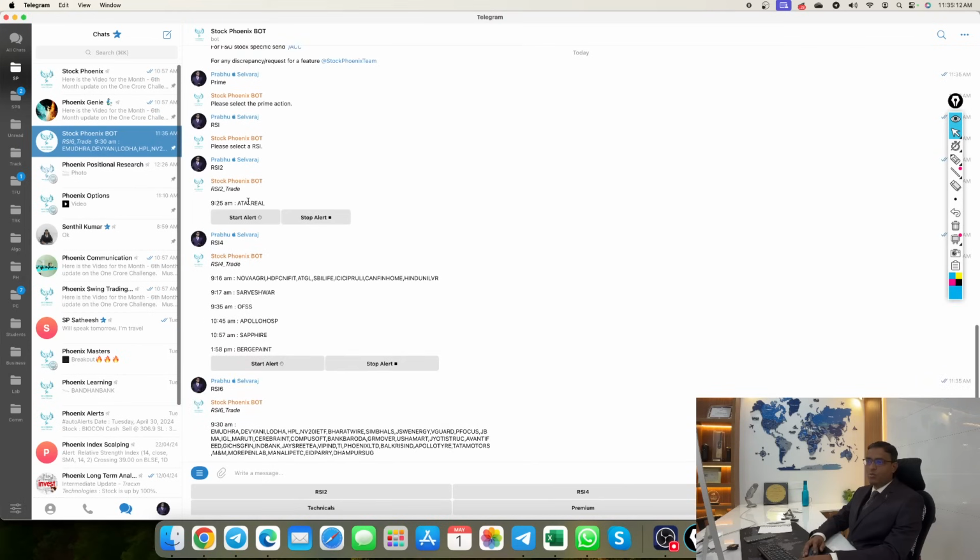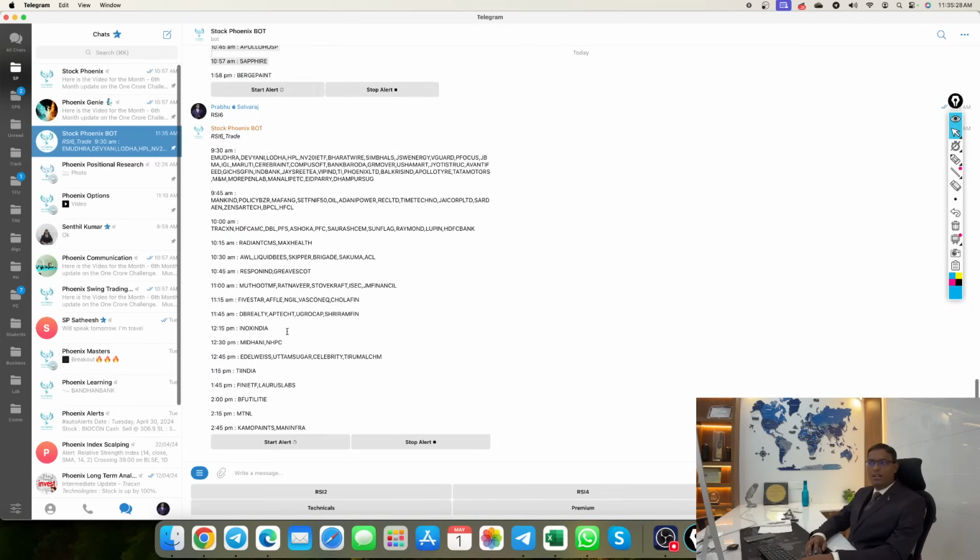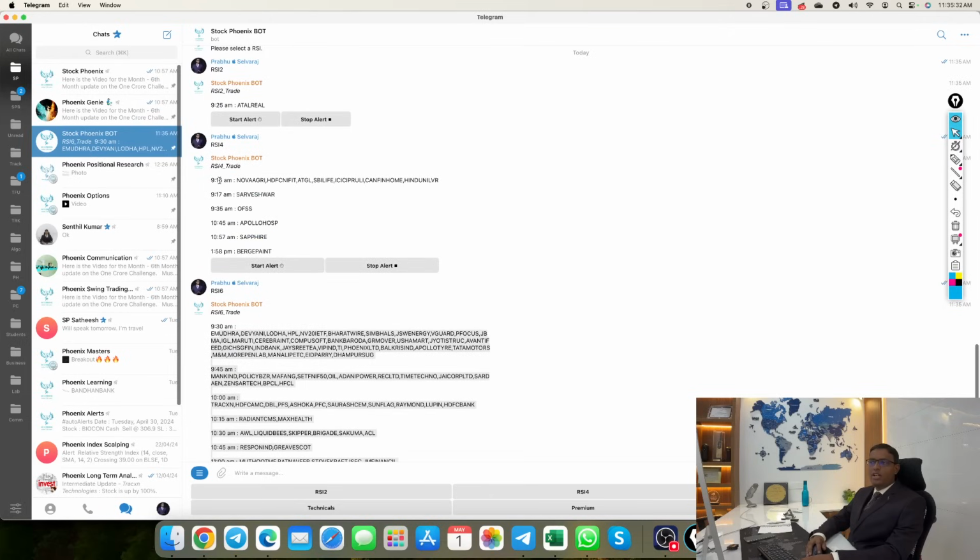RSI 20 scan is 1, RSI 40 scan in live market at 9:16 says come 9:17, 9:35, 10:45, 10:57 and 1:58 p.m. was the last RSI stock crossed around 40 zone. It gives me the live update on a pop-up alert. 60 crossing mini stocks. We're not looking at 60, looking at only 40 is what we are studying now.